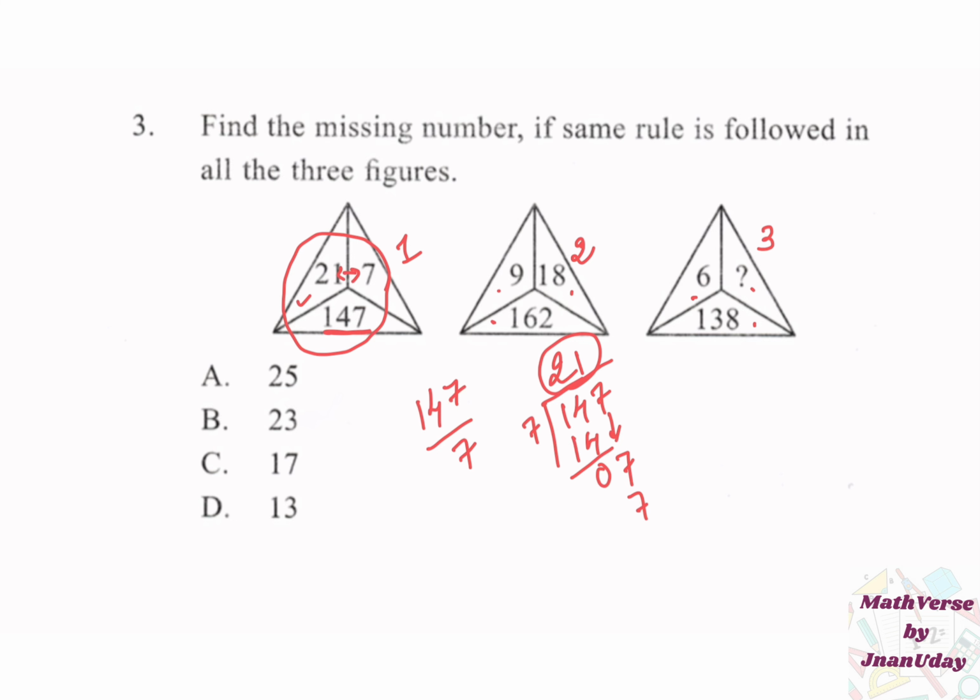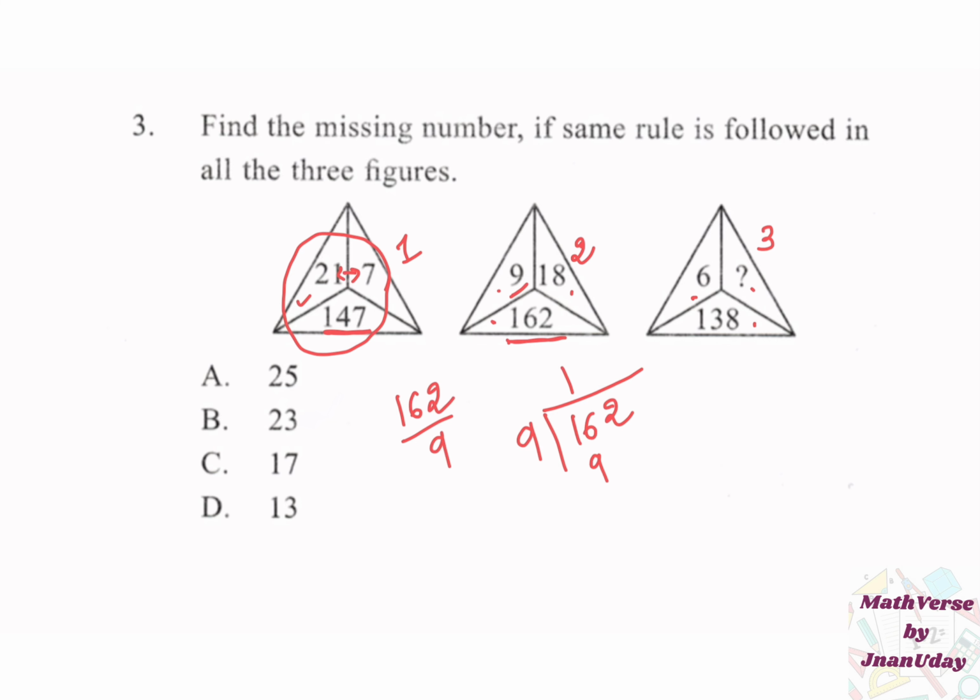So likewise, let us see if this same rule is applied to triangle number 2 or not. Again, we will divide the biggest number by the smallest one. So here we got the number 18 again. So the same rule is applied in triangle 1 and triangle 2.